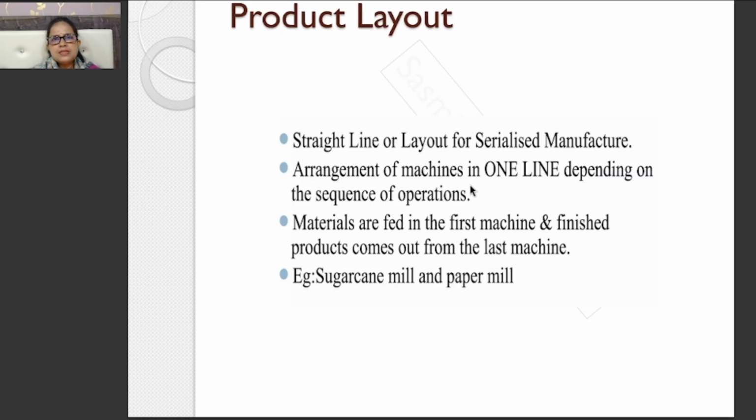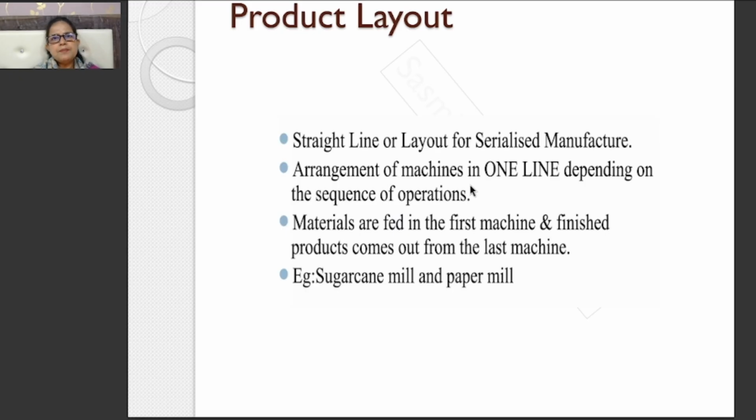Product layout is built to produce a specific product. If it is a paper mill, then you cannot go for producing sugar. If it is a cement industry, we cannot produce the paper using those machines.